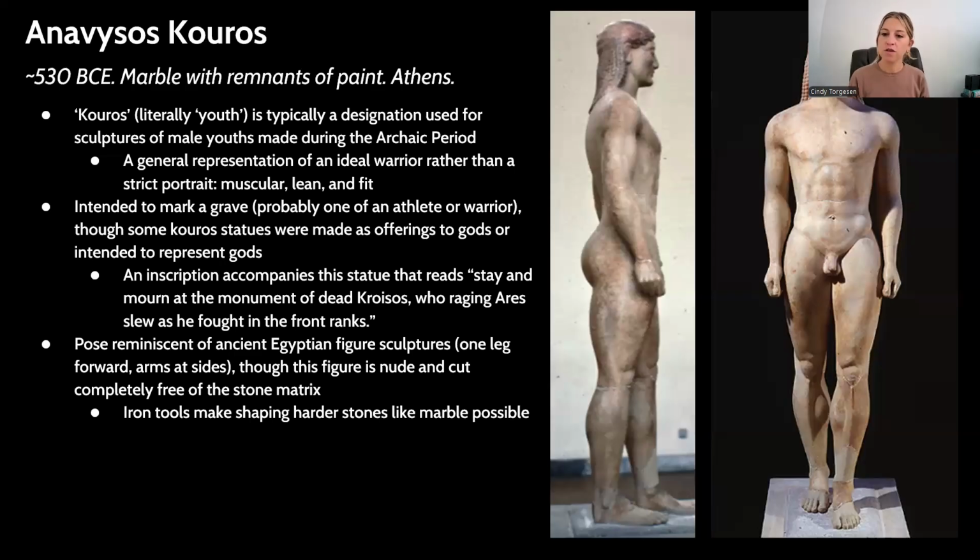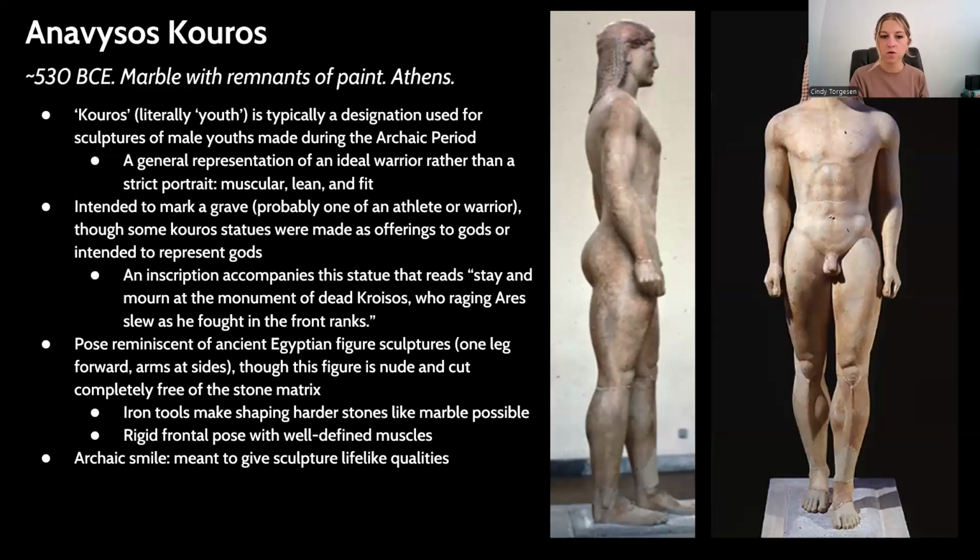The fact that we're using marble again is because we're in Greece and this was a common material found, but also because we have this lost wax process, there is an ability to make more tools, which make it possible to carve harder stones like marble. Again, rigid frontal pose. And we do have this archaic smile, again, introducing a more lifelike quality. This figure is probably not this faraway being, right?